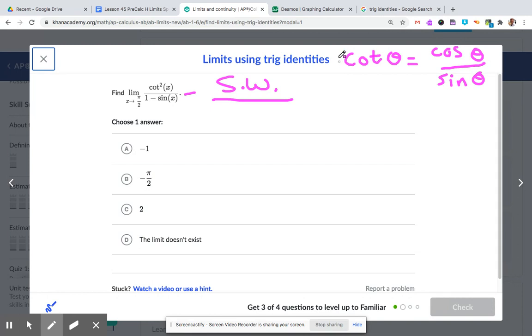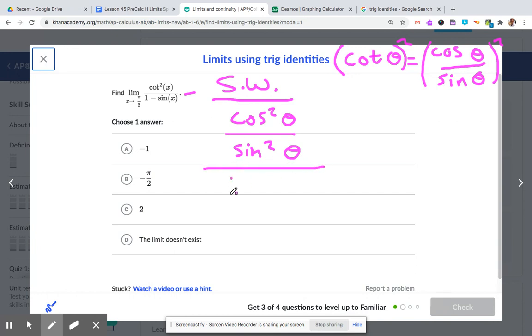All right, so if I square all of this, that's cotangent squared, the same as squaring it. That square goes to both parts. So this now becomes cosine squared of theta over sine squared of theta over 1 minus sine.